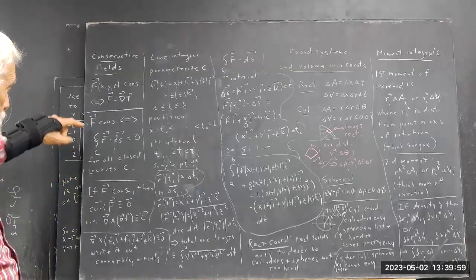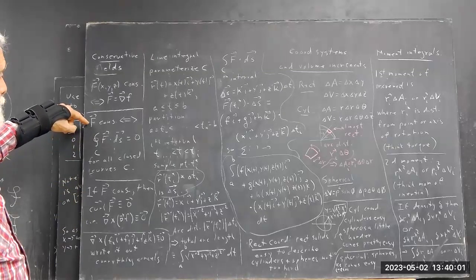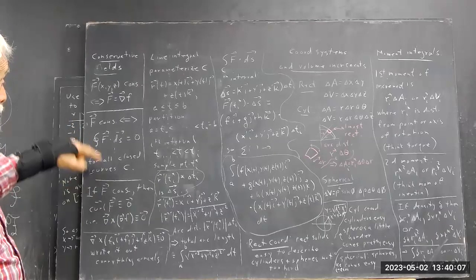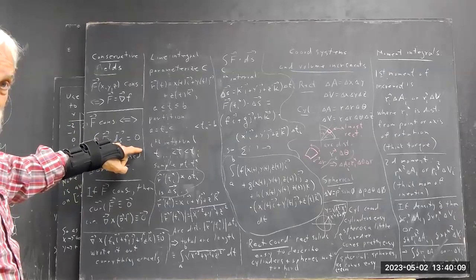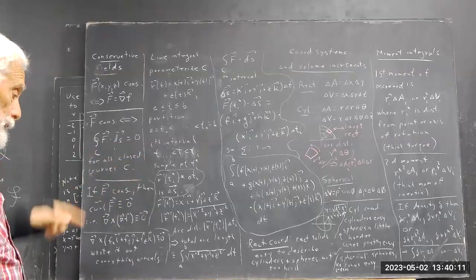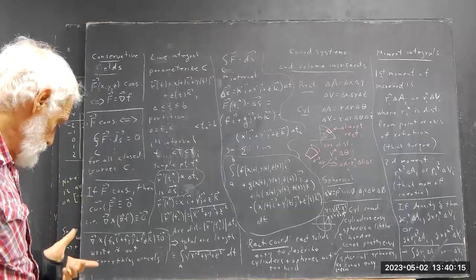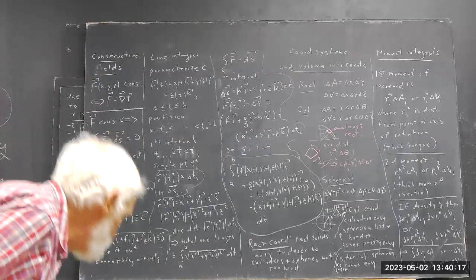I'm not going to. Okay, now a field is conservative if and only if the integral around any closed curve of F dot ds is 0. It goes back to what I might have written.